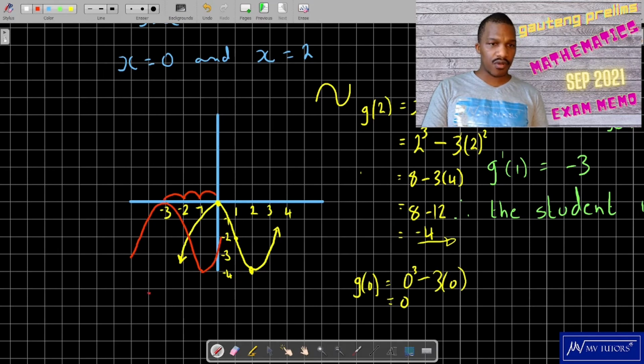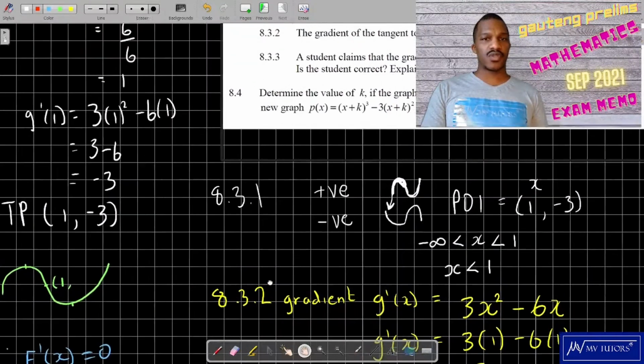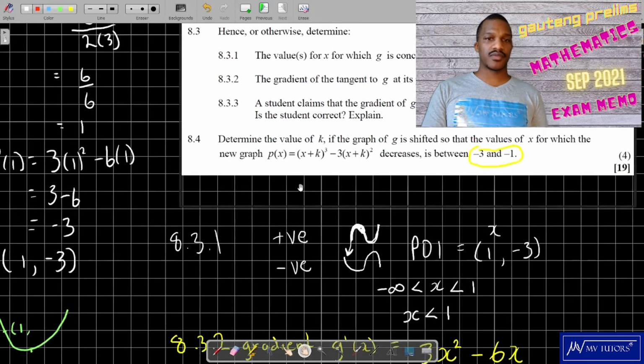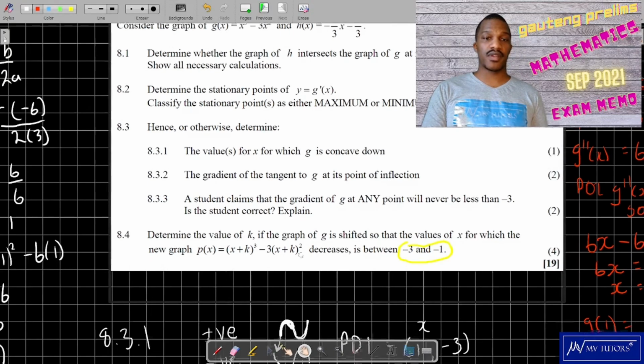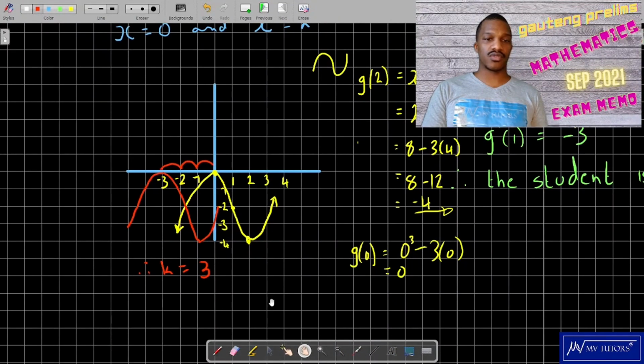Therefore k is equal to 3, because it shifted 3 times. Remember, a shift to the left is a positive number, so that's why k is positive. A shift to the right is always the opposite, which is a negative number. This was a shift to the left, so k has to be positive. That's why k is equal to 3.